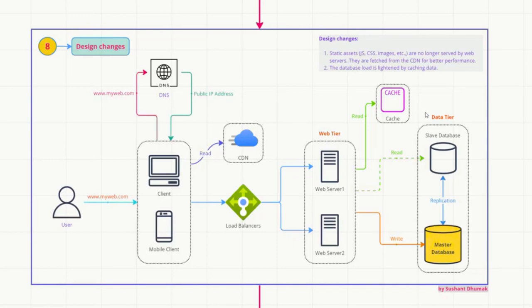Usually we work on the 80-20 principle: maybe 20% of the time or events we get more requests, and 80% serves the normal purpose. In that sense, we decide the cache size, and definitely cache replication will be there.